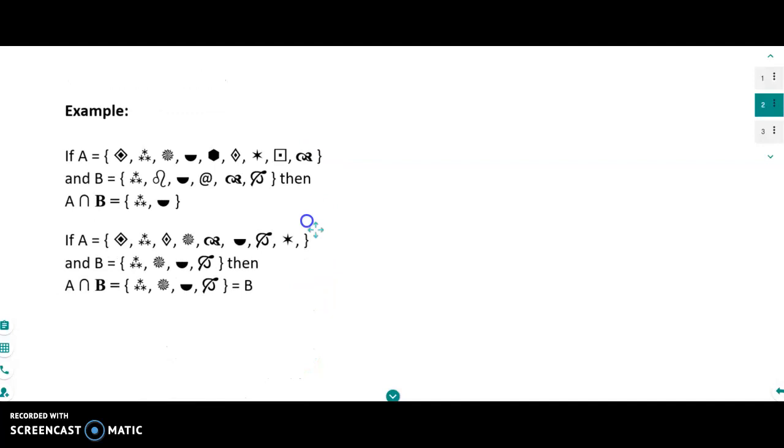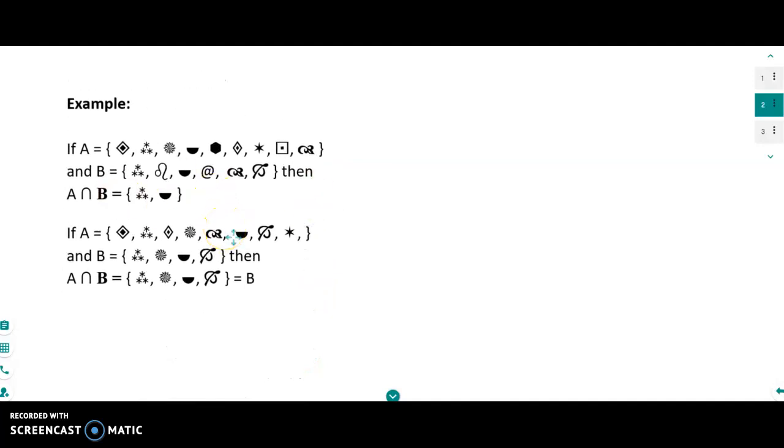So we see another example with other symbols. So we have the set A with these elements. We have the set B with these. Remember, a set can contain even numbers, objects, any elements, okay? So in this case, we don't have any numbers, but we have some elements. So what elements do we have in common? A intersected with B. So we have this, we have this, look, it is in both sets, and we have this, all right?